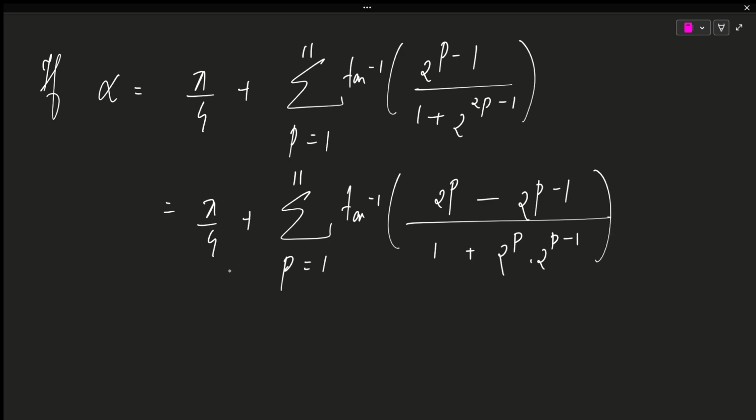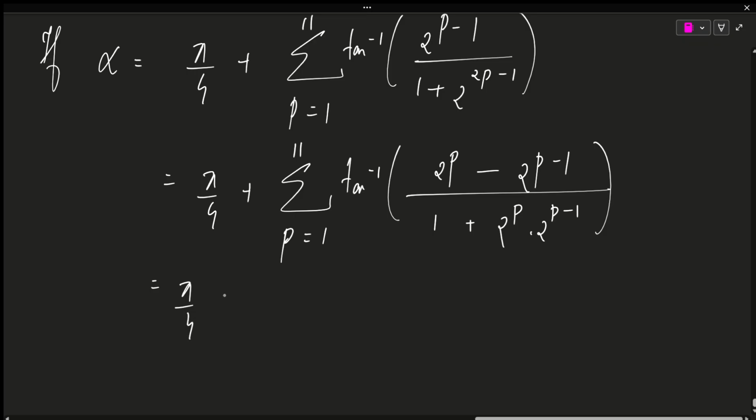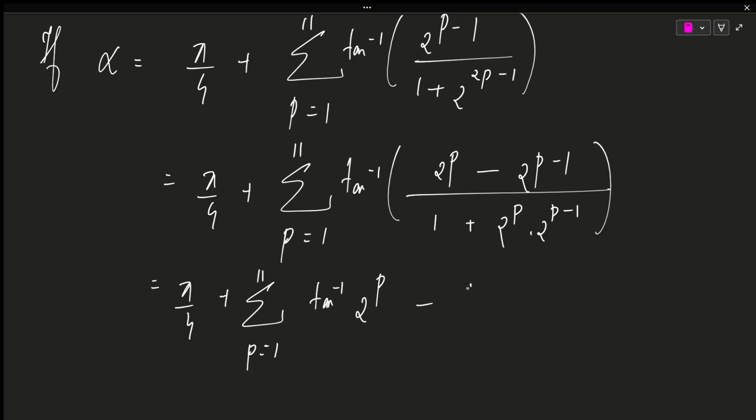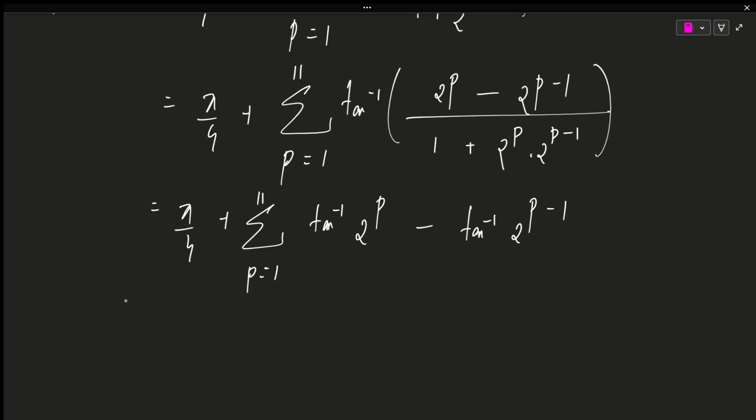Now this is my formula over here. So this is pi by 4 plus summation p equal to 1 to 11. This is basically tan inverse of 2 to the p minus tan inverse of 2 to the p minus 1, and this is alpha.